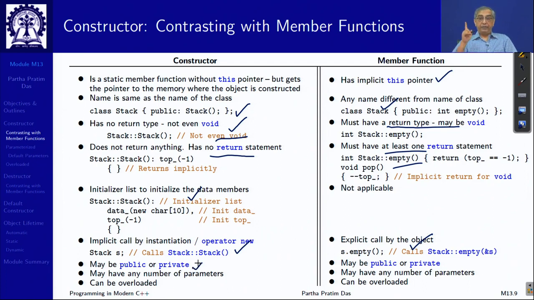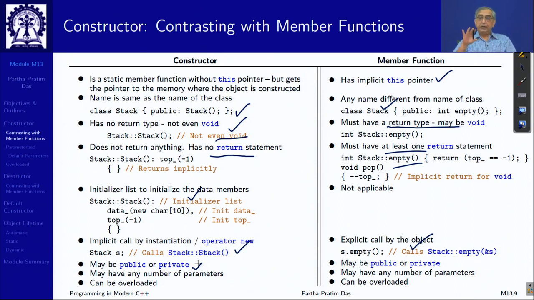A constructor may also be private, and that is another paradigm of information hiding that we will talk of. You might wonder what will happen if the constructor is private. What am I trying to say? I am trying to say that I do not allow you to construct an object. Then how will the user use the service? There are answers to that question, but that is another very strong paradigm of programming that we will get into.